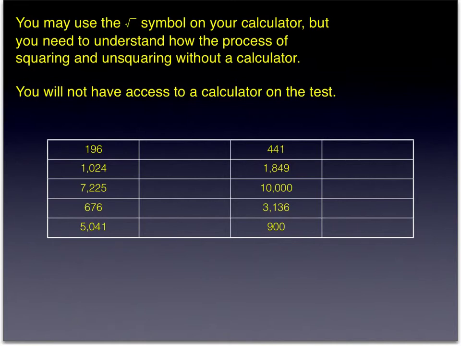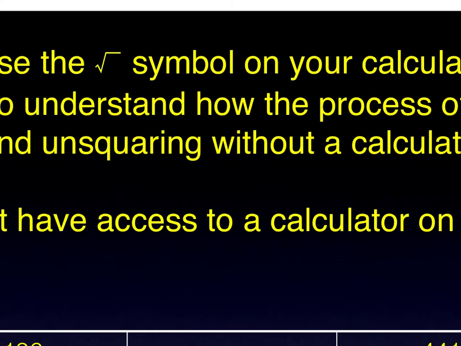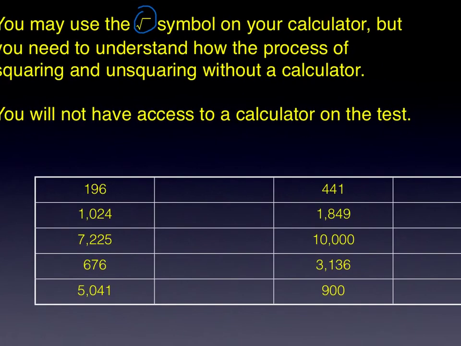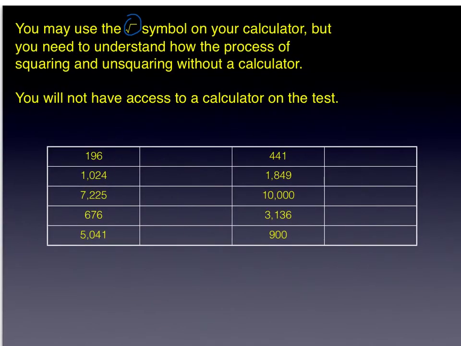So you notice that little symbol right there. That little, no, let me erase that. Let me try again. Let's zoom in a little bit. This little guy right there, it's a square root symbol, okay? Most calculators should have that available to you to use.